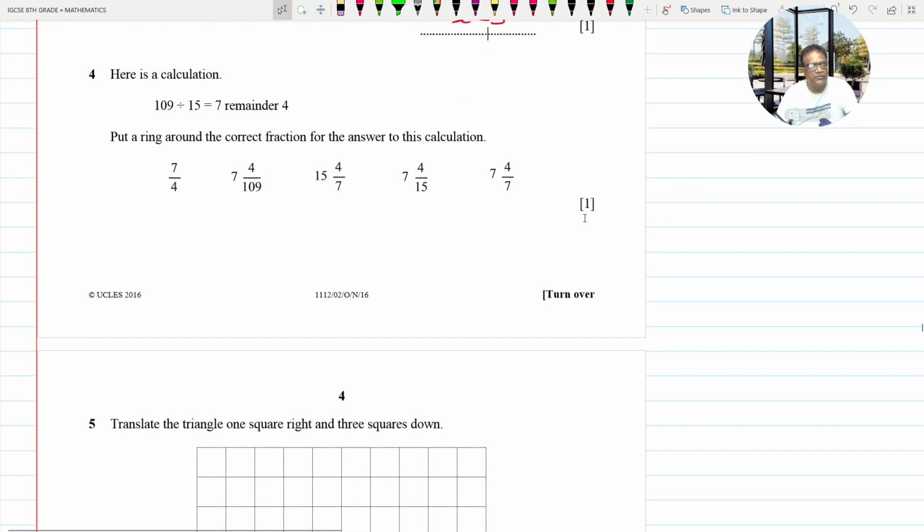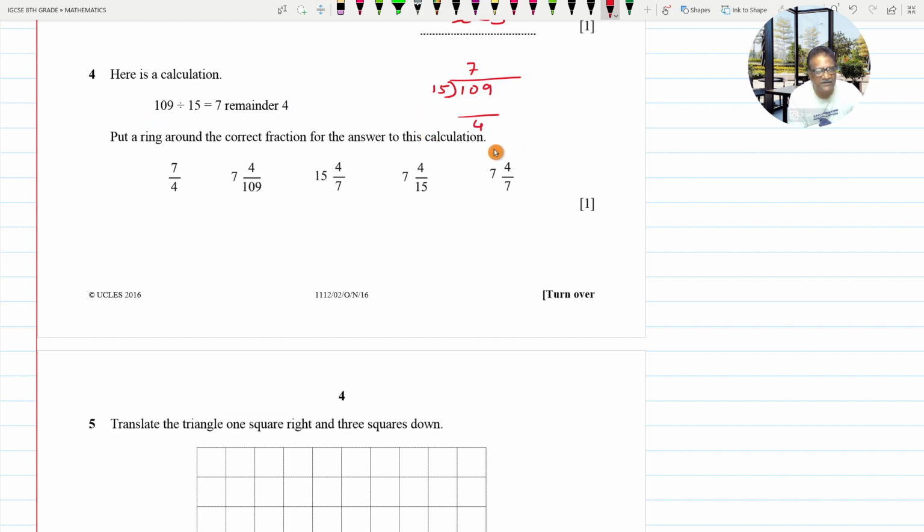Question number 4. Here is a calculation: 109 divided by 15 equal to 7, remainder 4. Put a ring around the correct fraction for the answer to this calculation. This is telling you that when 109 is divided by 15, the divisor is 15, you get a quotient of 7 and a remainder of 4.